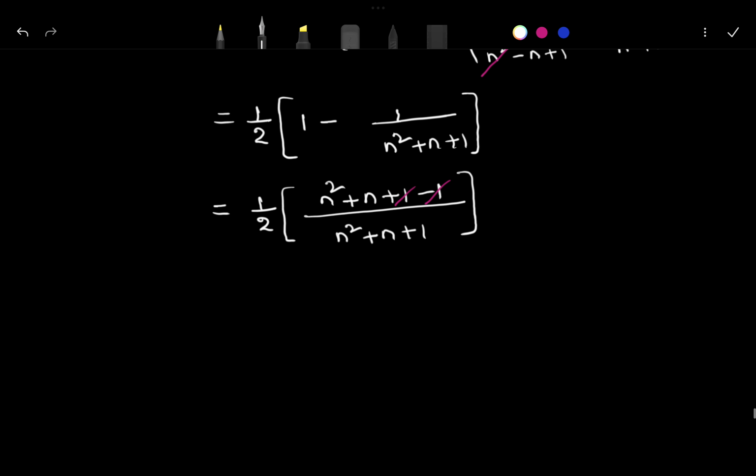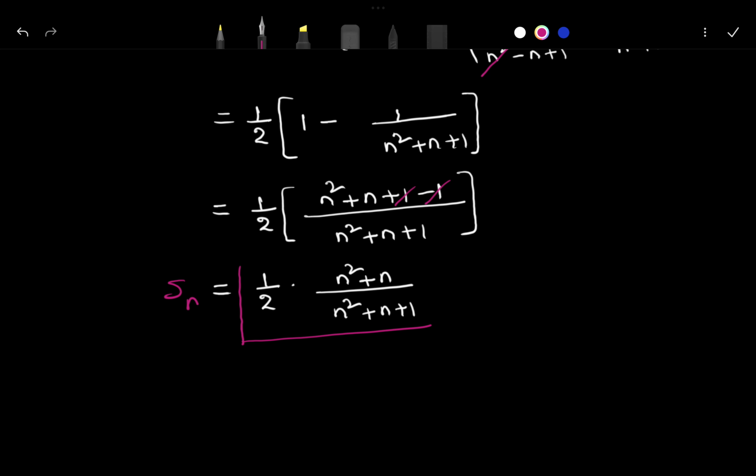This value will be equal to 1/2 times (n square plus n) whole divided by (n square plus n plus 1). So this is the final result. It shows the sum of the n terms of the given series.